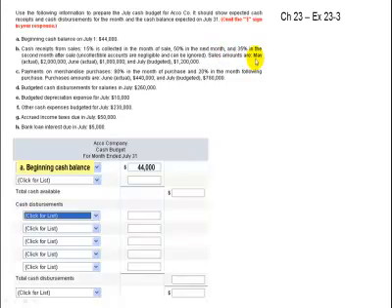So sales amounts are May actual $2 million, June actual $1 million, July budgeted $1,200,000.